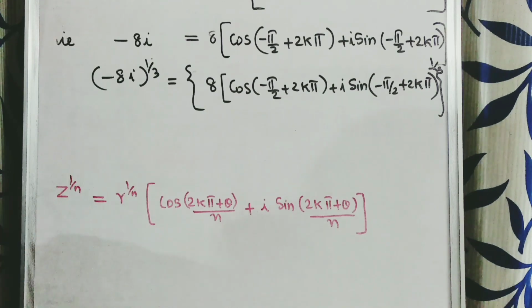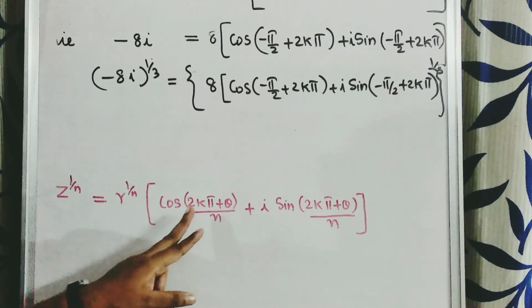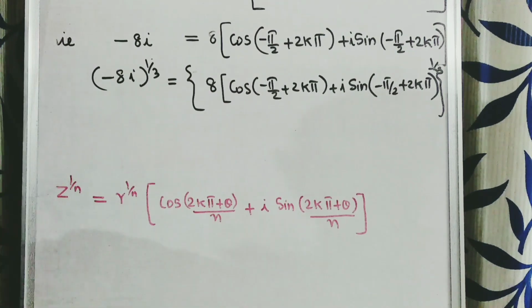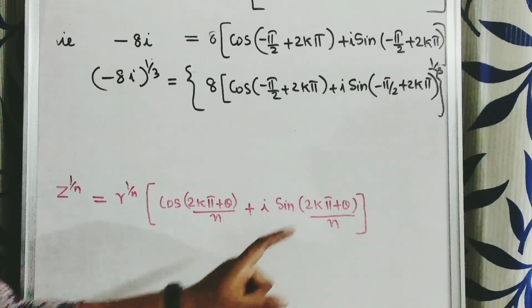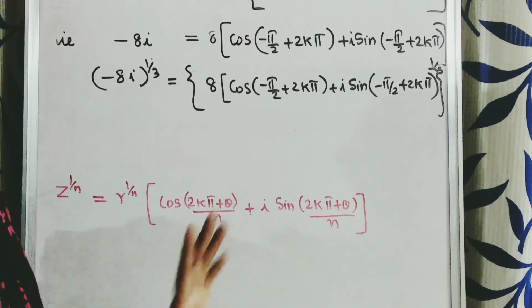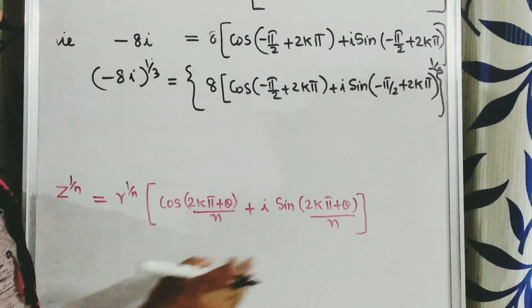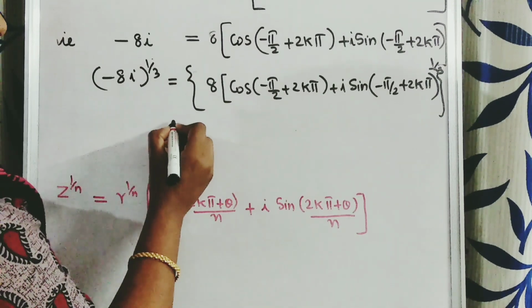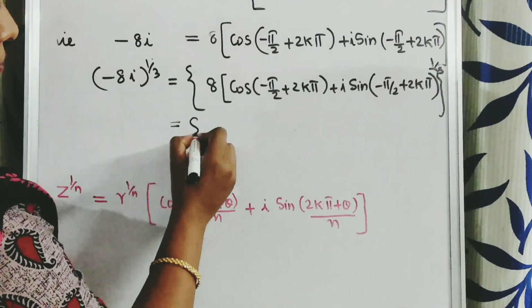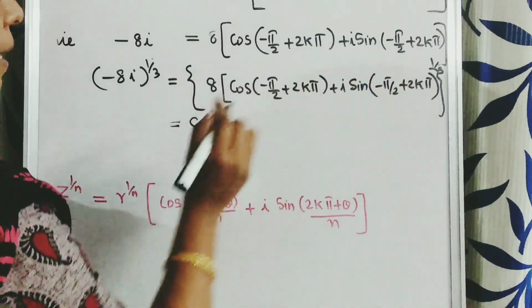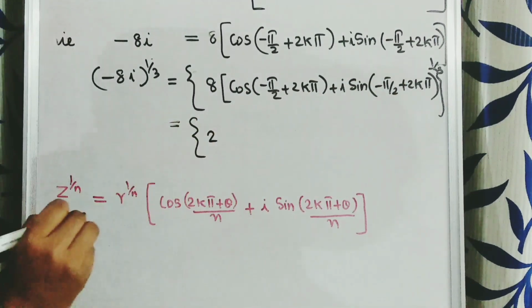Now using this result, that is z raised to 1 by n equals r raised to 1 by n into (cos of (2k pi plus theta) by n plus i into sin of (2k pi plus theta) by n), we can write it as 8 raised to 1 by 3, that is 2. The cube root of 8 is 2.